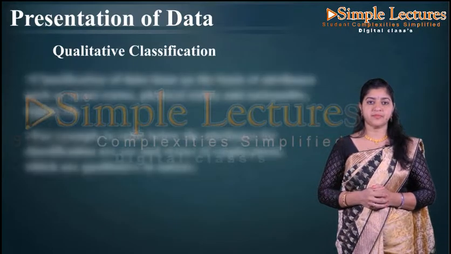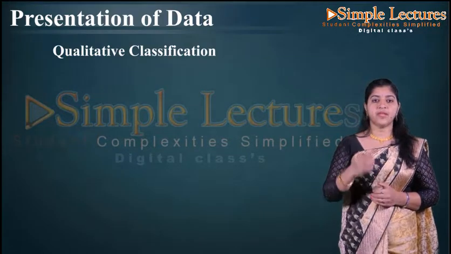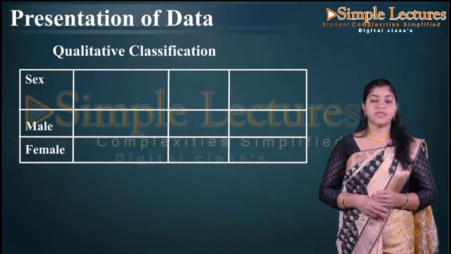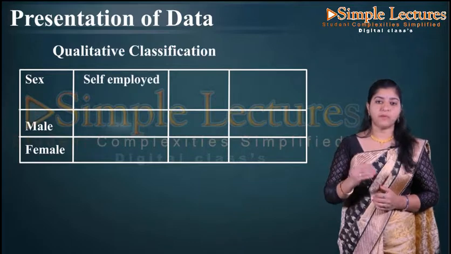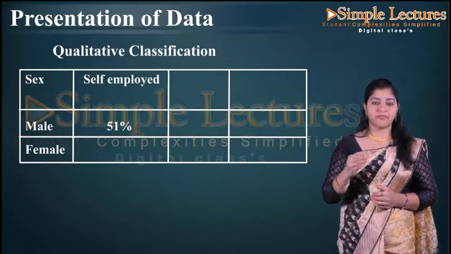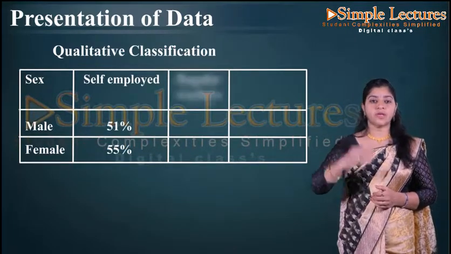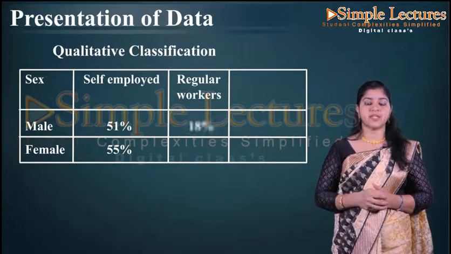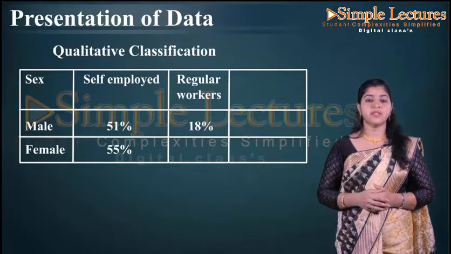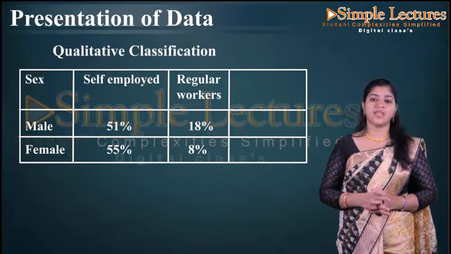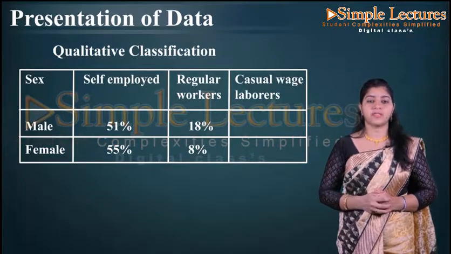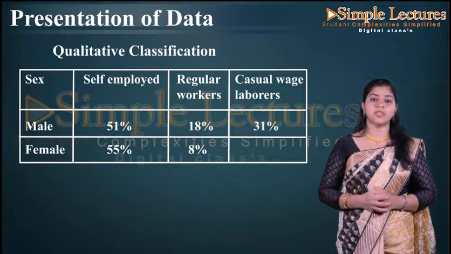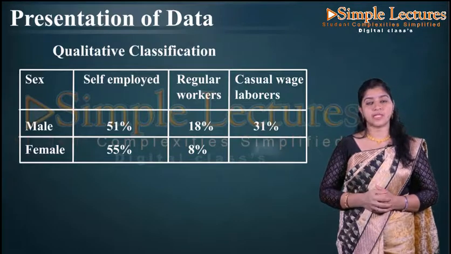We can see male and female: self-employed, male 51%, female 55%; regular workers, male 18%, female 8%; casual wage laborers, male 31% and female 37%.